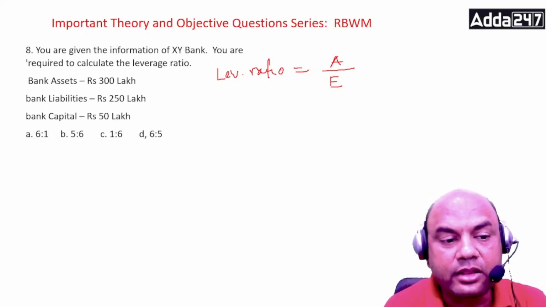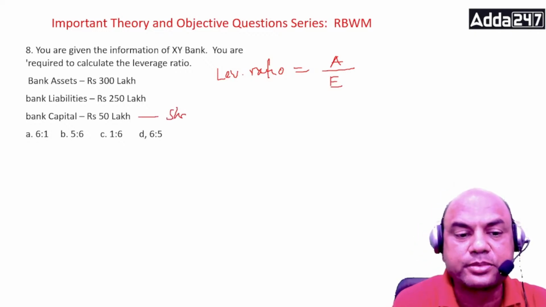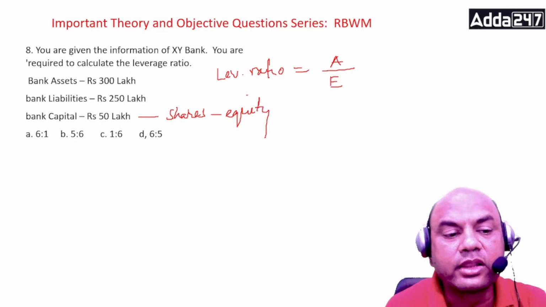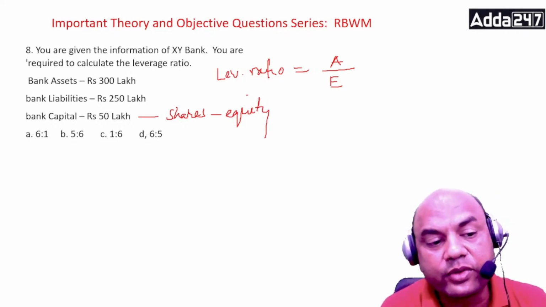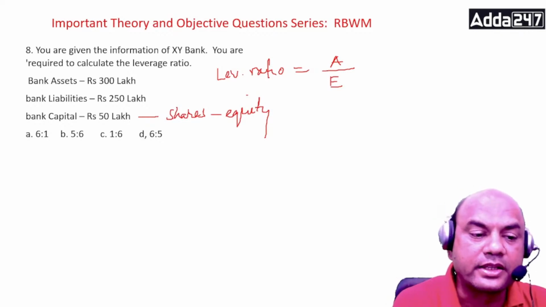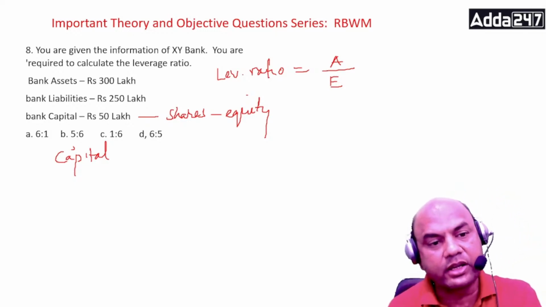Now what is capital? Capital is composed of what? Shares. Capital means shares. Shares means equity. Here there are two types of capital, but here we'll consider them as the same equity because they have not given any classification here. Actually it should be like this. Capital consists of two parts, tier 1 and tier 2 capital.